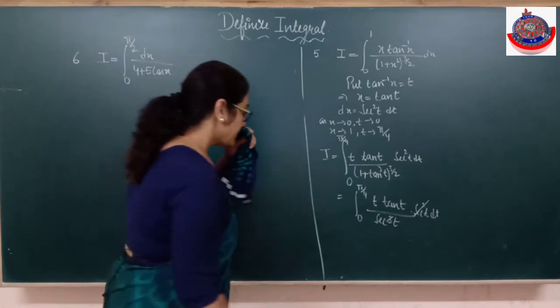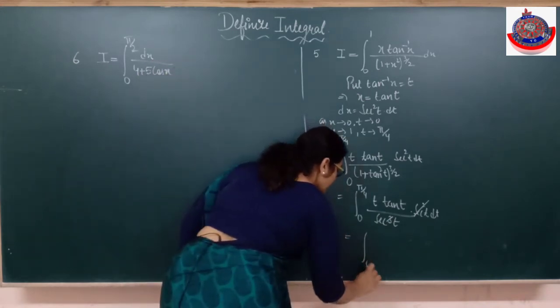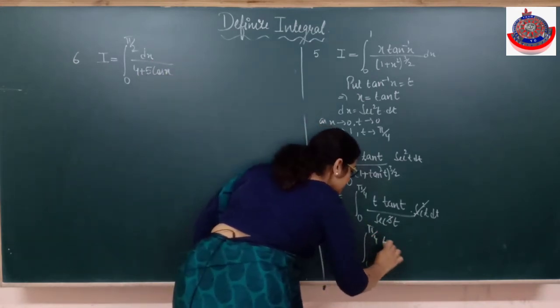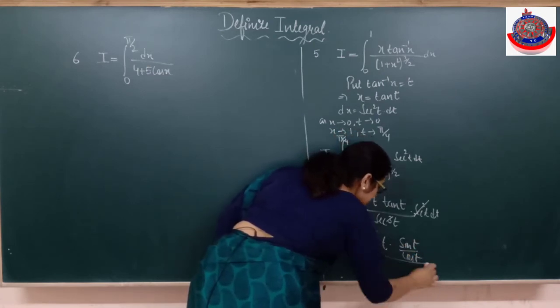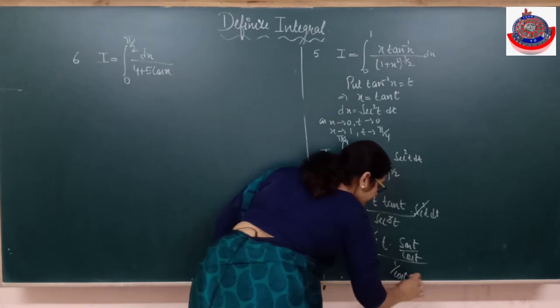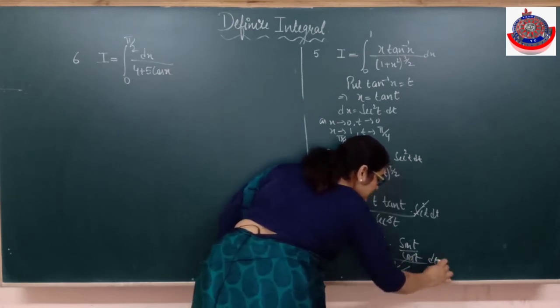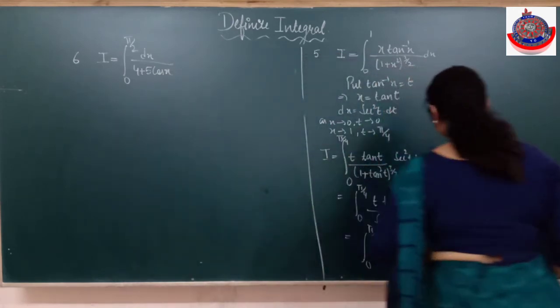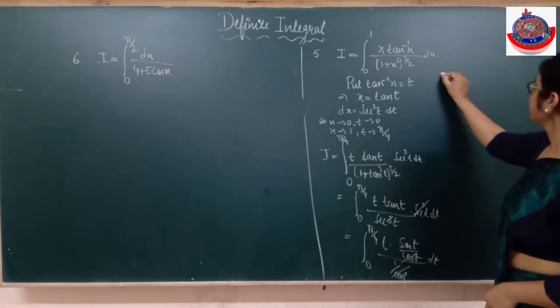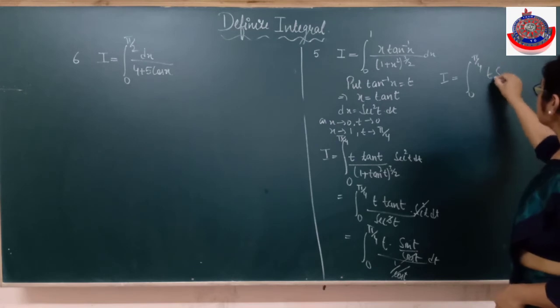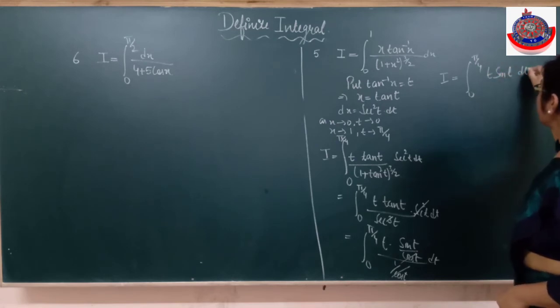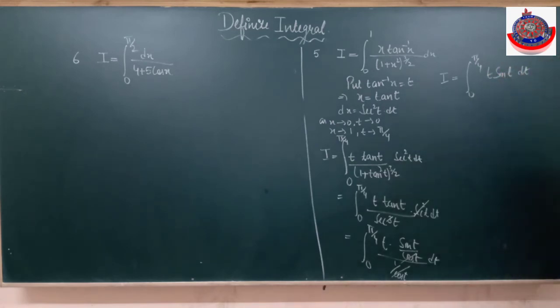Cancel. Now just solve it later. I can write this tan as sine upon cos and this secant as 1 by cos. Cos and cos cancel. So what am I left with? I'm left with 0 to pi by 4 t sine t dt.